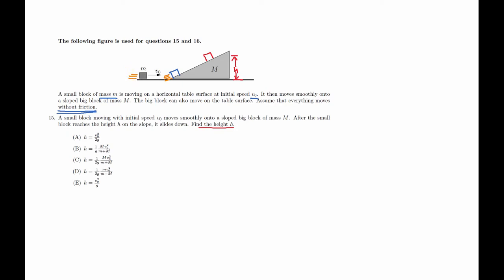Because a collision is involved, I'm going to use the conservation of momentum to solve this problem. So we have m V0 plus big M times its initial velocity.